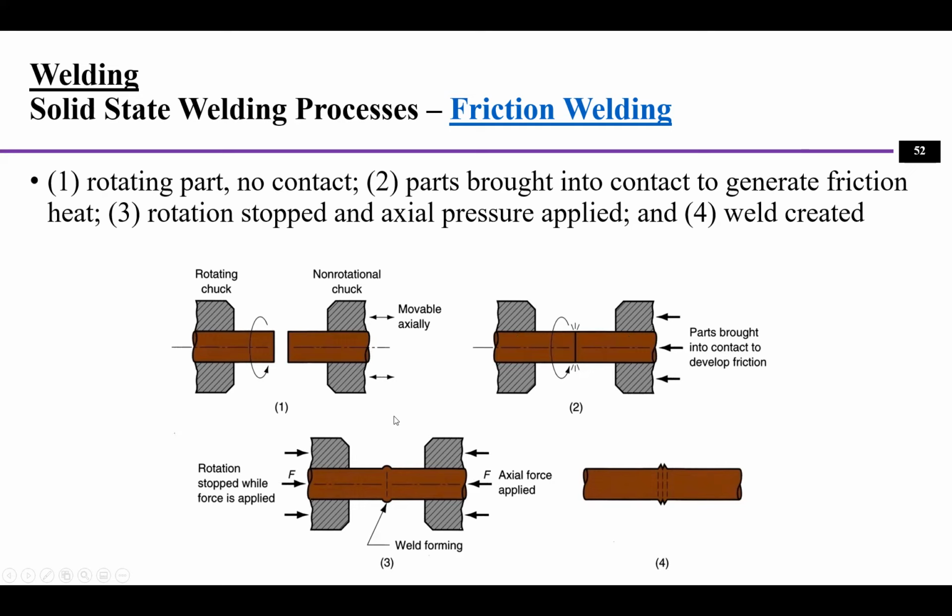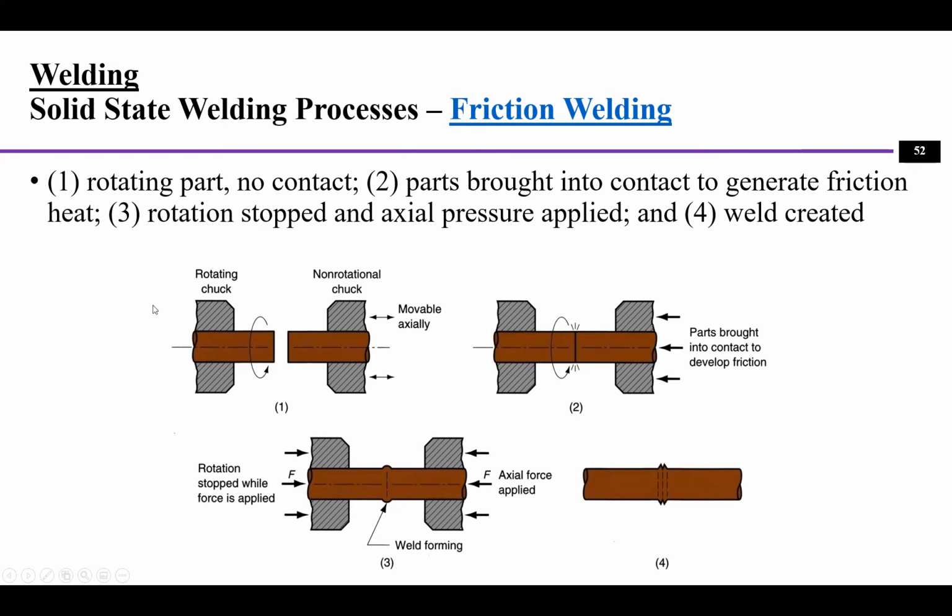With this high force, it will create heat at the interacting surface, and that heat will start to melt the metals and create a connection or bonding between the two workpieces. And this is how friction welding works.